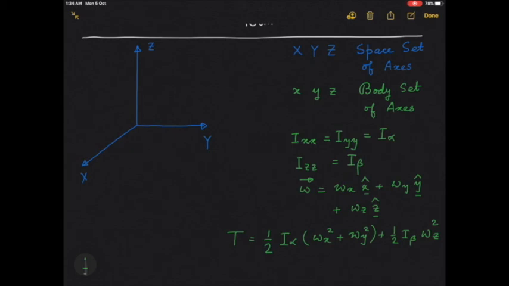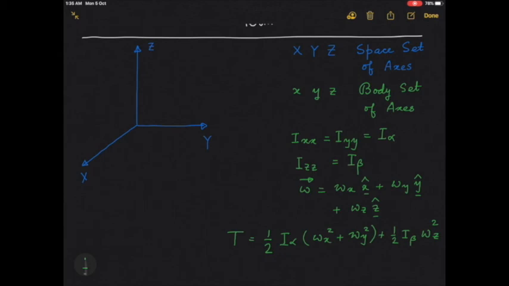Okay, so I understand that if I know omega x, omega y, and omega z, I can immediately write down what is the kinetic energy. Okay, so let's try to figure out what is omega x, omega y, and omega z.